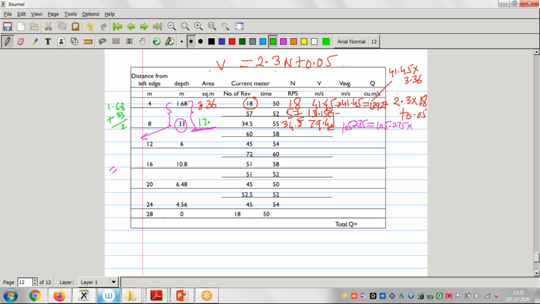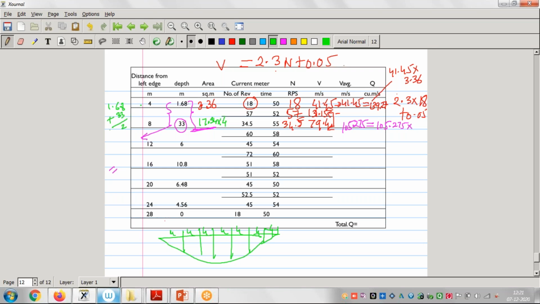So I will put the depth as 17.34 and directly do the calculation. 17.34 multiplied by 4. Why 4? Because if our river is like this, every breadth is taken as 4 meters. This is 4, this is 4, this is 4, and suppose this last one is also 4.